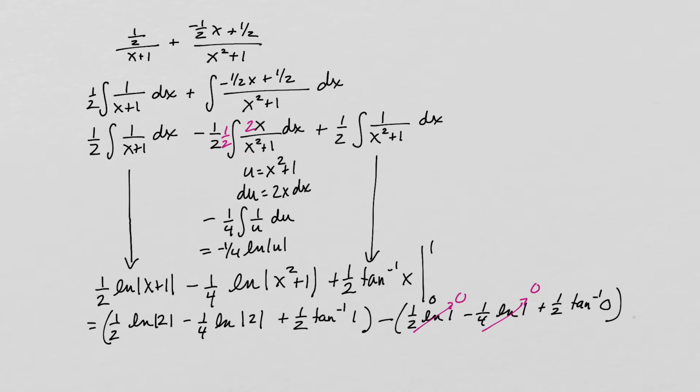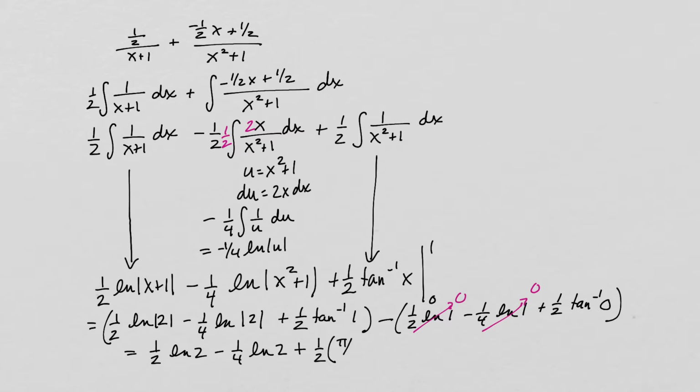So let's see. So we've got here 1/2 natural log of 2 minus 1/4 natural log of 2 plus, okay, when is the tangent equal to 1? So we're trying to figure out what the inverse tangent of 1 is. So it's going to be 1/2 times something. So what value is the tangent equal to 1? Yeah, pi over 4.